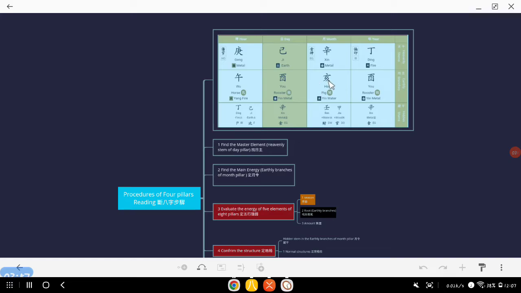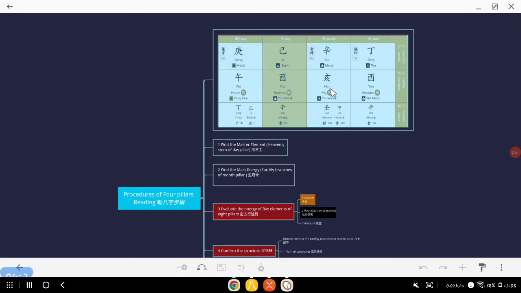But of course, the earthly branches of these 3 months should be the seasonal ones. Here we don't have it, so this is generally the snake, horse, and the goat. In these 3 months, the fire energy will get the most power.